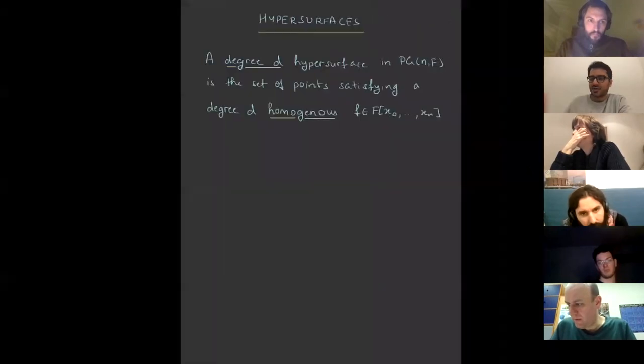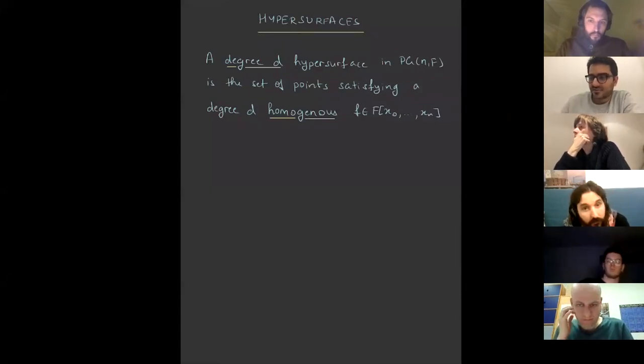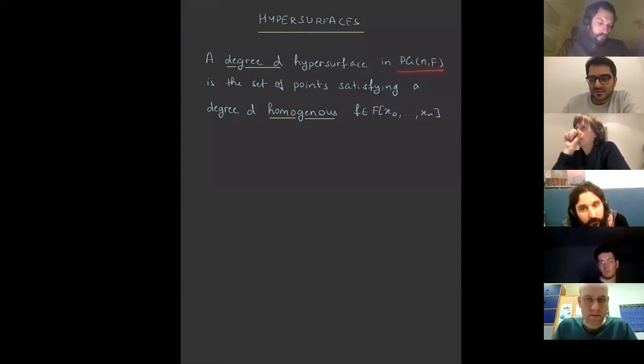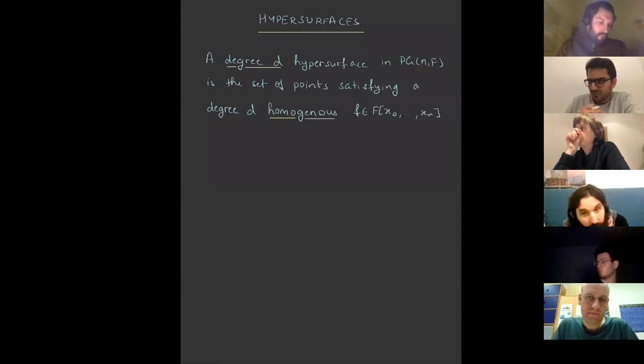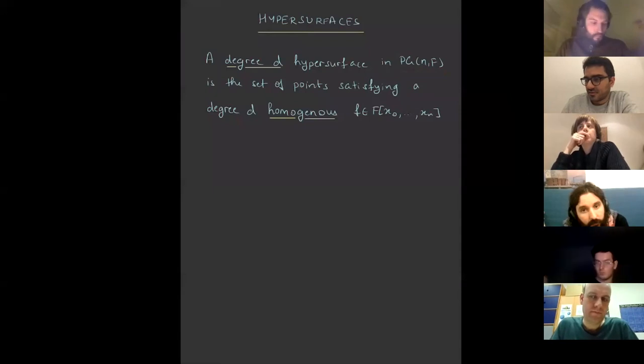All right, so whenever you have coordinates, say in the affine space or the projective space, you can define what is known as a degree d hypersurface in your n-dimensional projective space as just the set of points which satisfy a degree d polynomial equation, like a single polynomial equation. And for this to make sense, we also assume that your polynomial f of degree d is homogeneous.